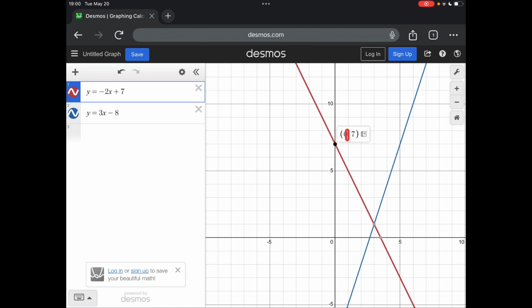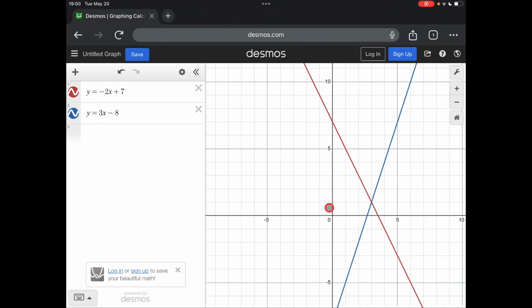And you know this is your y-intercept because x is equal to 0. So that's pretty much it. And we can see that this is our y-intercept because in y equals mx plus b form, b is our y-intercept, which should be 7, which we can see on the graph. That is correct. So now let's move on to our second equation.